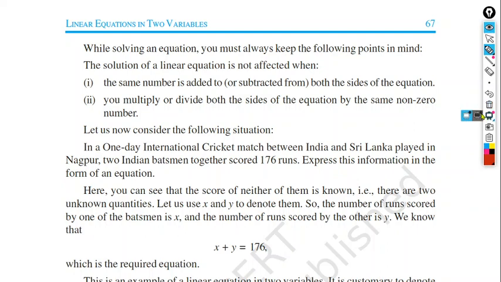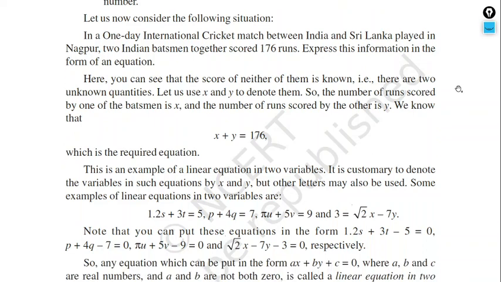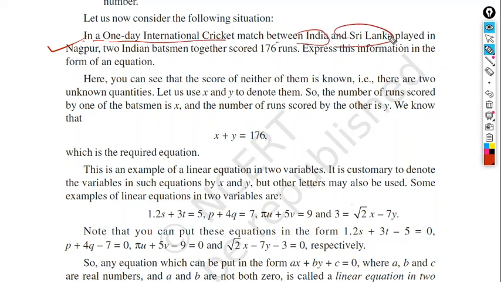Now we will go to one example of a linear equation in two variables. There is a nice example in this PDF, which I have taken from your NCERT book. In your book this example is there: in a one day international cricket match between India and Sri Lanka played in Nagpur.